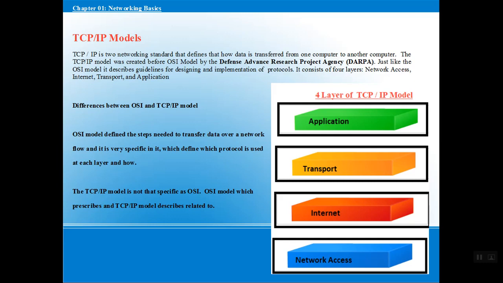Just like the OSI model, it also describes layers, but while OSI has 7 layers, TCP/IP is divided into 4 layers: application, transport, internet, and network access. As we have seen in the OSI, each layer has its own different task.